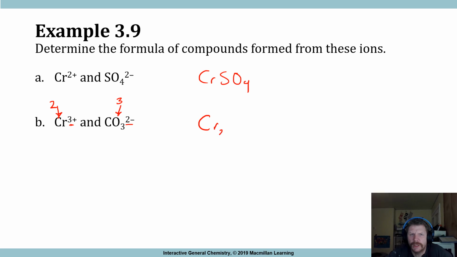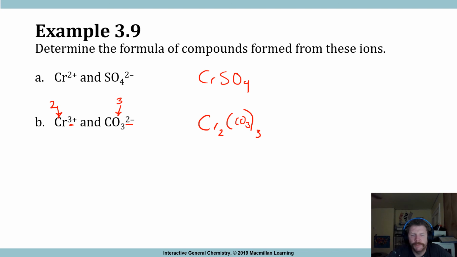So if we're at Cr2, parentheses CO3, and close parentheses, then put a subscript 3 down there, you're good to go. Now with that said, one of the things that people always struggle with is doing this little math where they say, okay, I got to multiply this by 2, multiply that by 3.